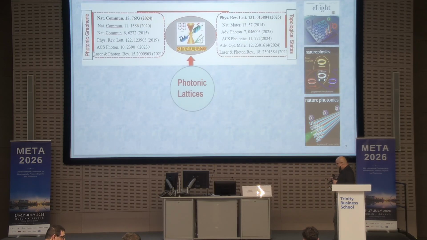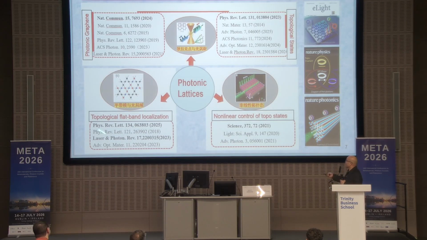Based on this, we use these photonic lattices to study graphene topology, topological singularity mapping, which I'm going to talk about, topological edge states, flat band localization, and also nonlinear control of topological states.